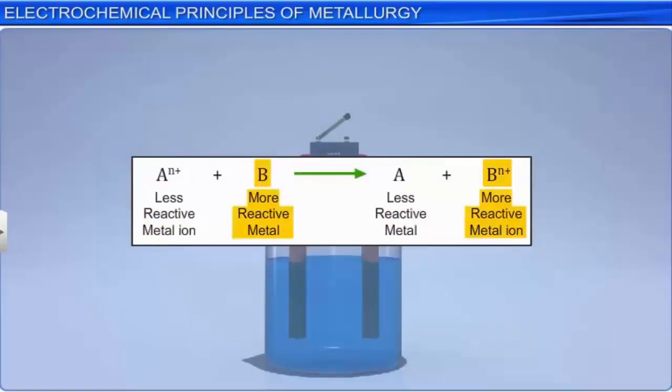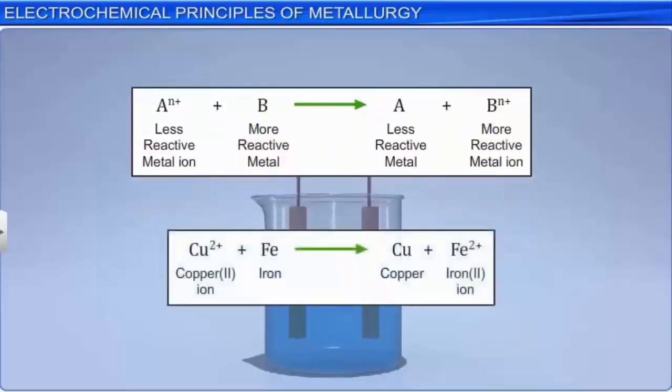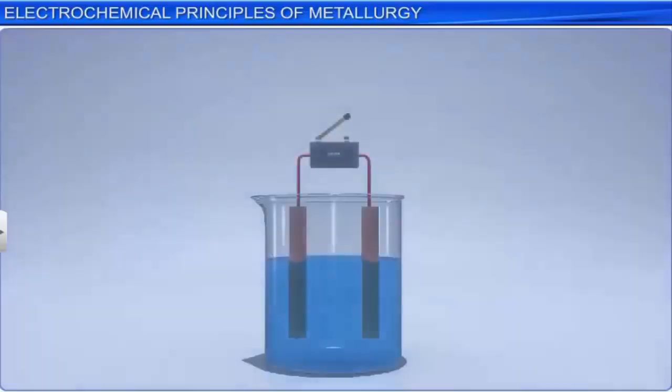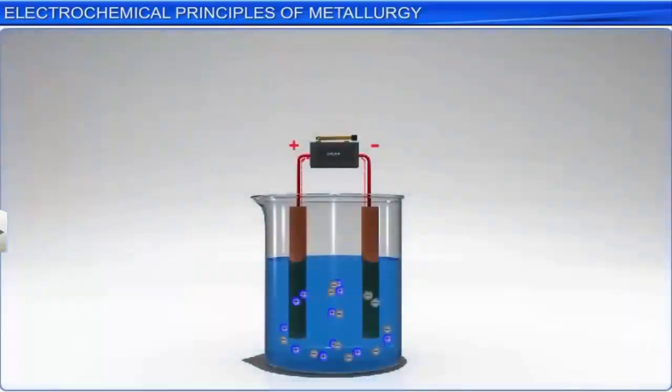For example, the reduction of Cu2+ to copper in the presence of iron. The corresponding equation is shown here. In a simple electrolysis process, the positive ions always move towards the negative electrode, called the cathode.